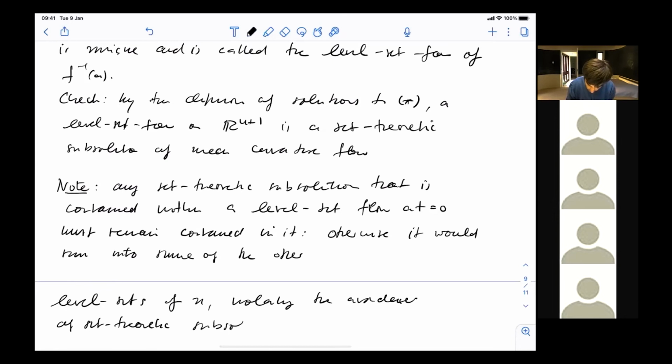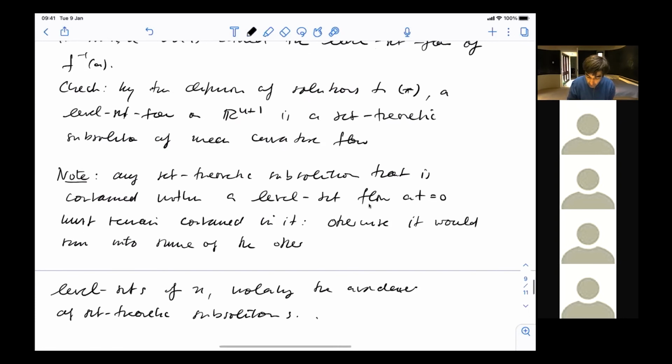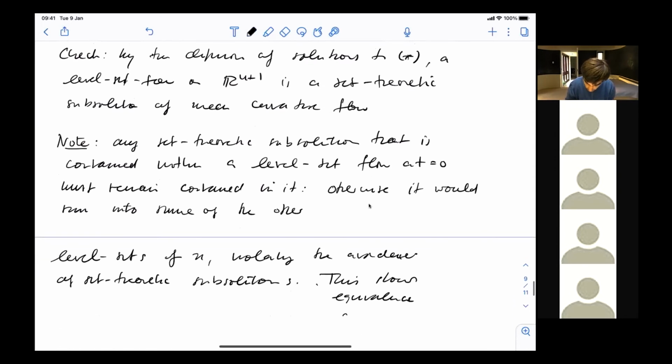So the idea is, since you have this foliation of subsolutions, that gives you that this is kind of already the maximal one. Okay, so this shows equivalence of both definitions. So this means this maximal set theoretic subsolution is exactly the level set flow.